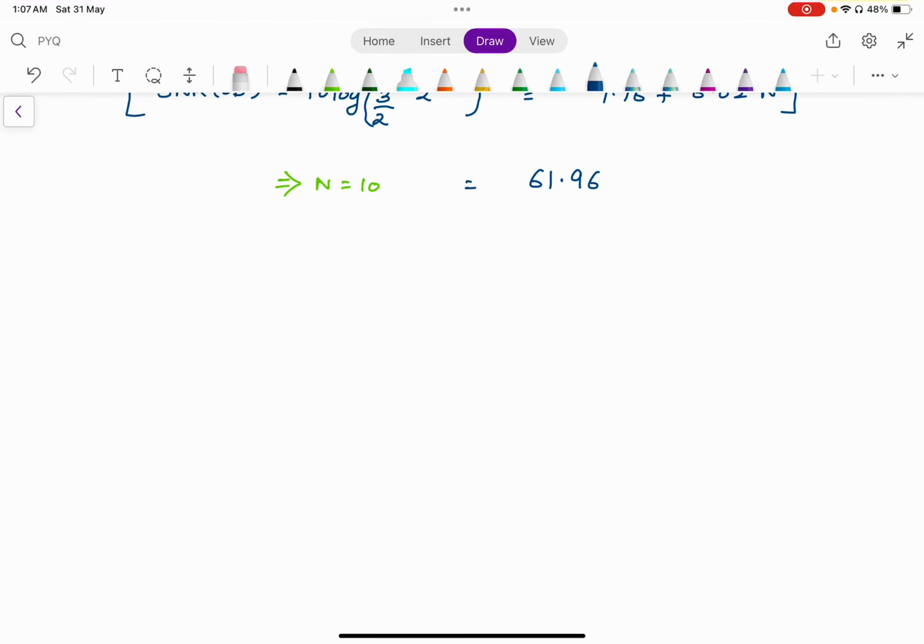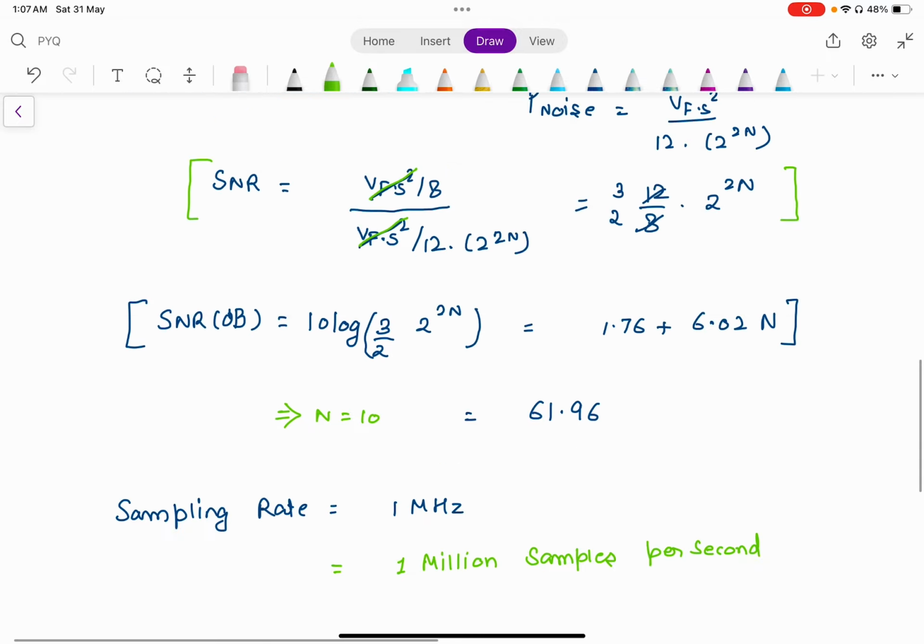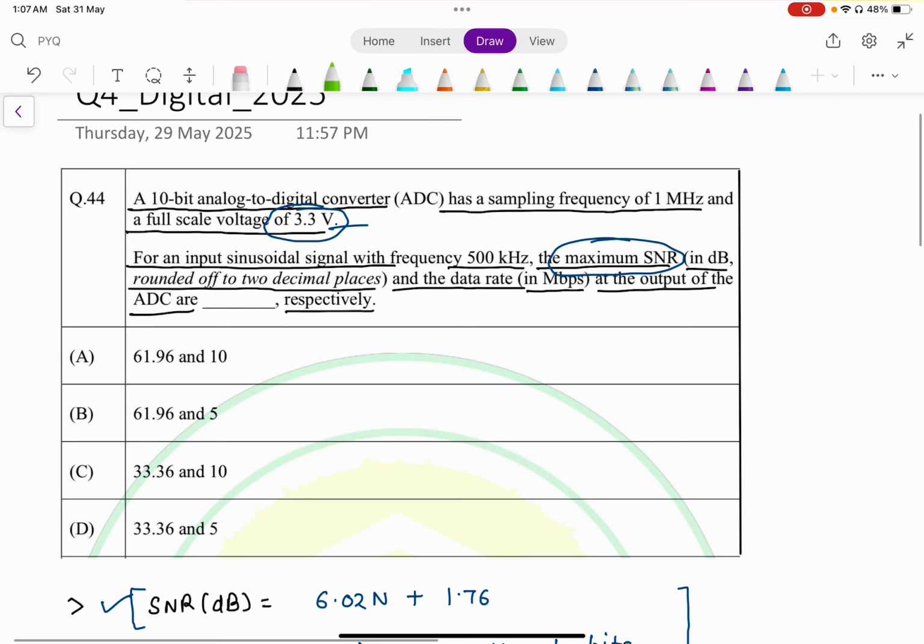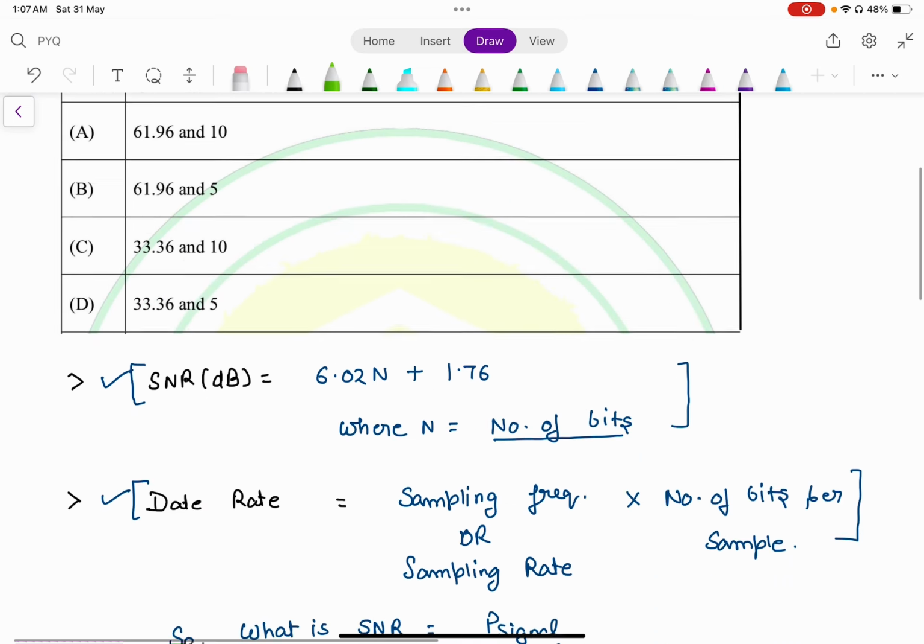Now the second part is the sampling rate, which is also given as 1 megahertz. You can read this sampling rate as 1 million samples per second. So it is written that it has a sampling frequency of 1 megahertz and a 10-bit analog to digital converter.